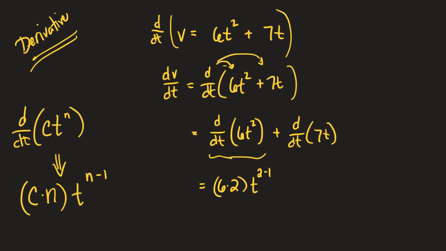Questions about that? Go on to my next term. Plus, there's no exponent on the t. So what is the exponent if there's no exponent on the t? 1. That's right. There's an implied 1. So this will be 7 times 1 times t to the 1 minus 1.